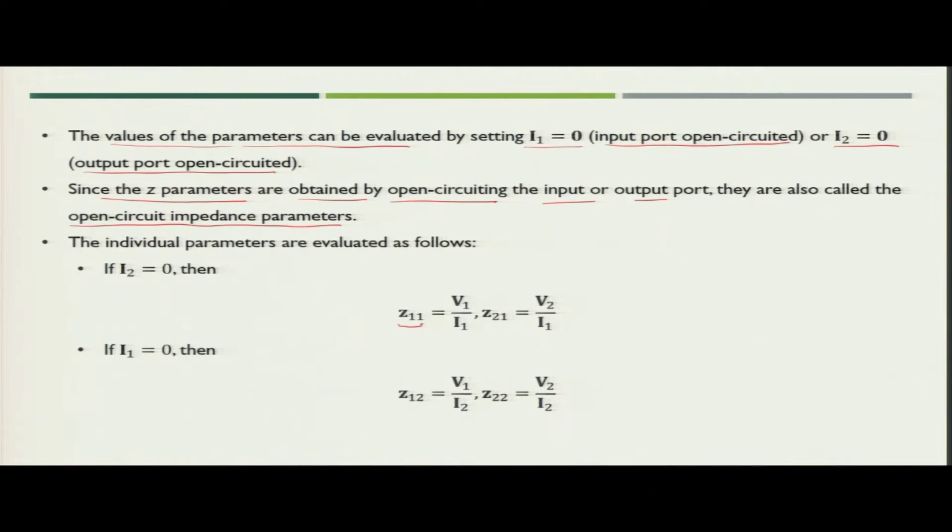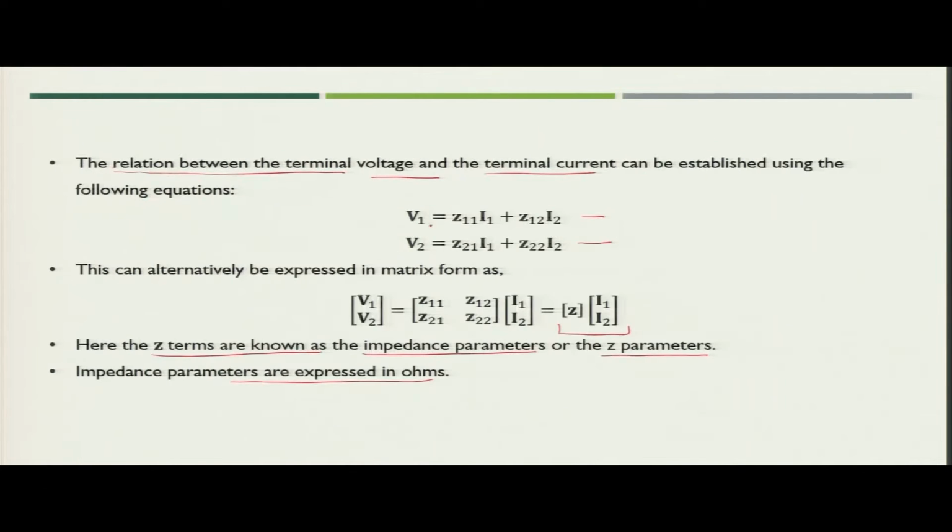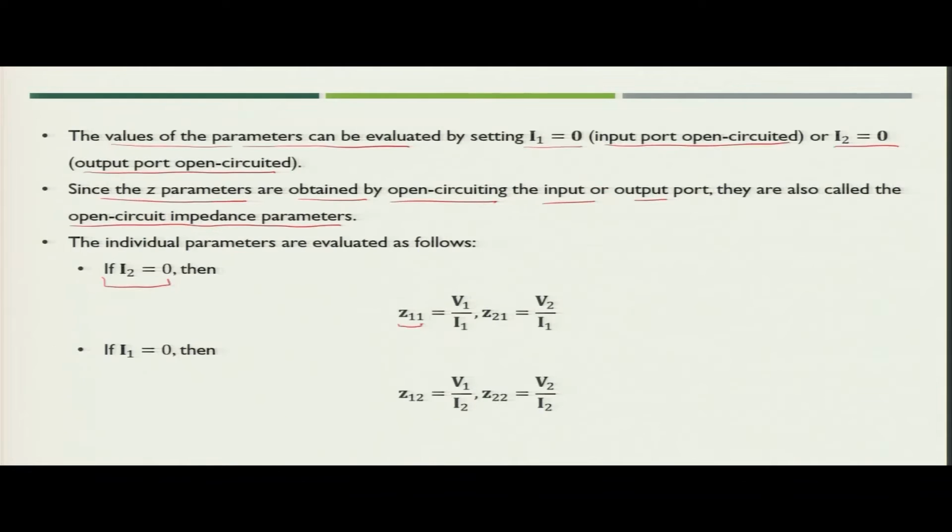If you put the current I2 equal to 0 in this particular equation, you will get Z11 as V1 upon I1, and when you put I2 equal to 0 in this equation, Z21 will become V2 upon I1. So Z11 becomes V1 upon I1 and Z21 is V2 upon I1.